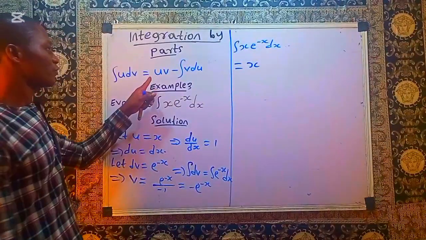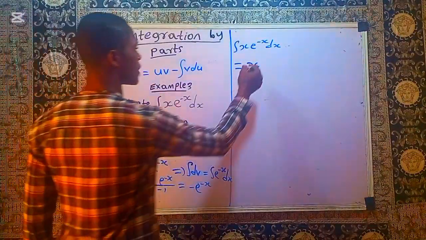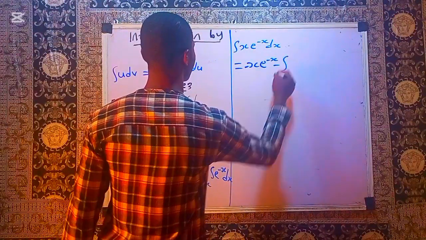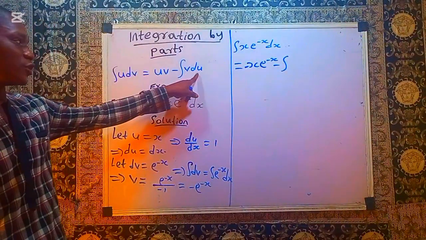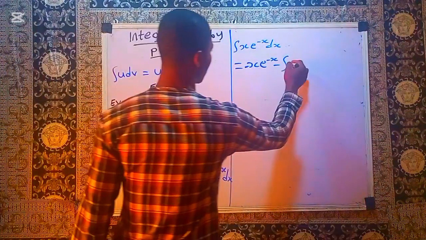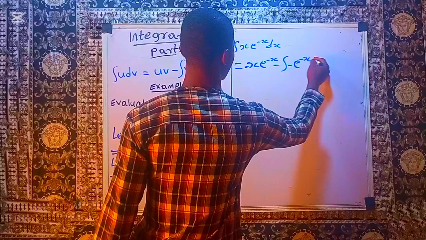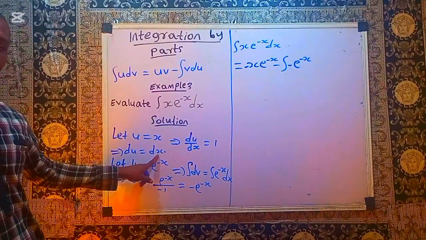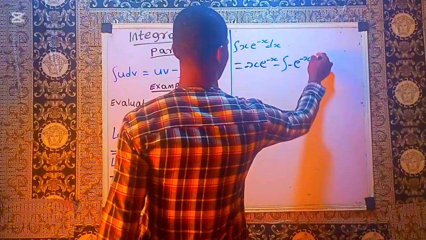So if you multiply both of them, you are going to have minus x exponential minus x, then minus integral of v du. Our v is minus exponential minus x. What is our du? We calculated du to be equal to dx.